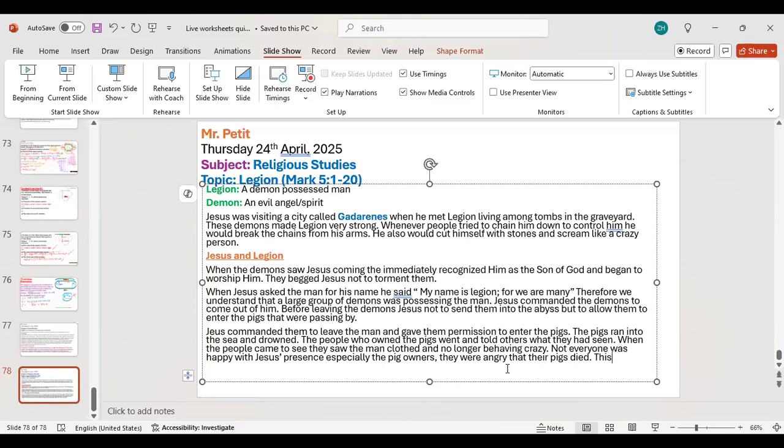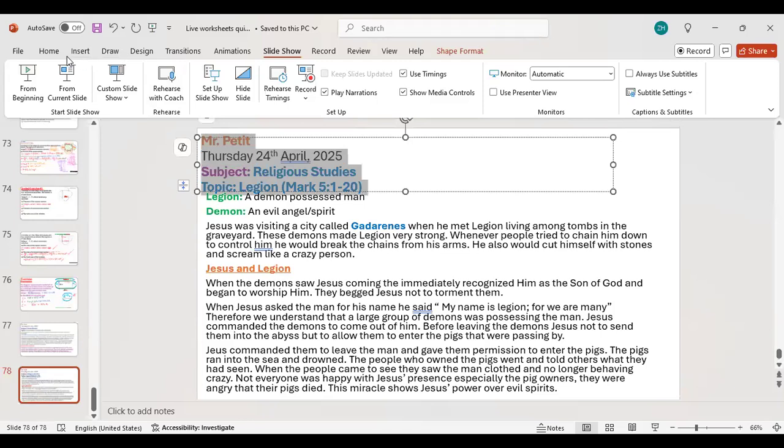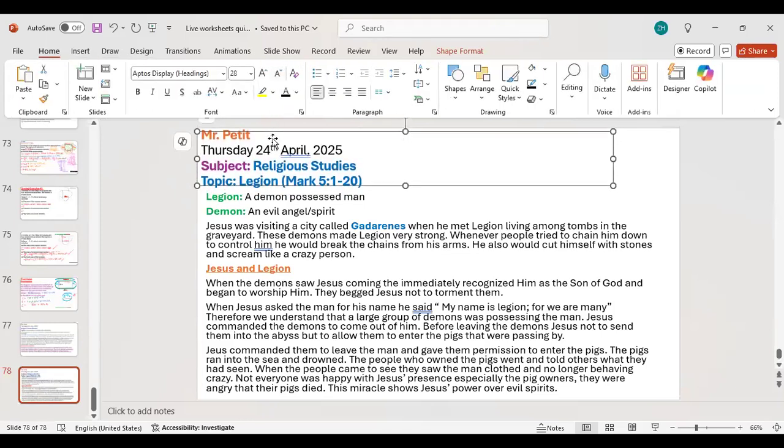This miracle shows Jesus's power over what? Evil spirits. So if you encounter any evil spirit, then you know that there's power in Jesus' name. And so that's the miracle.